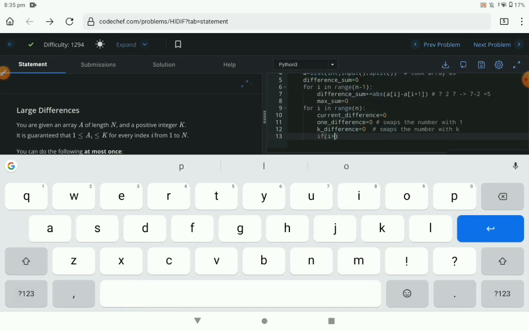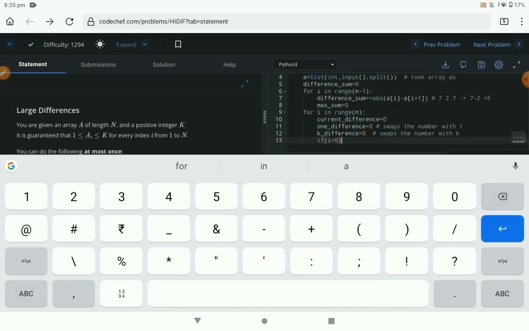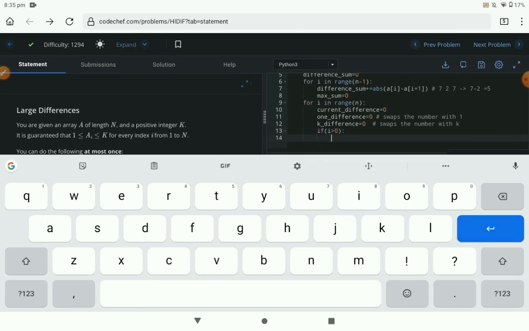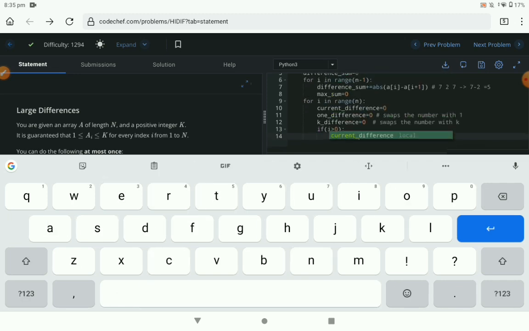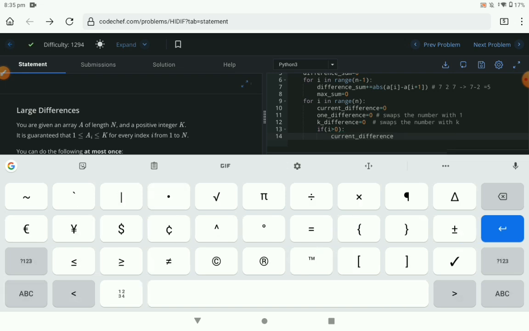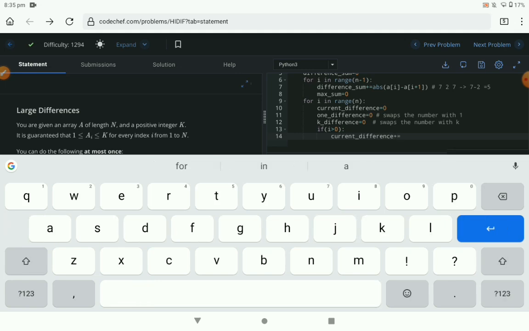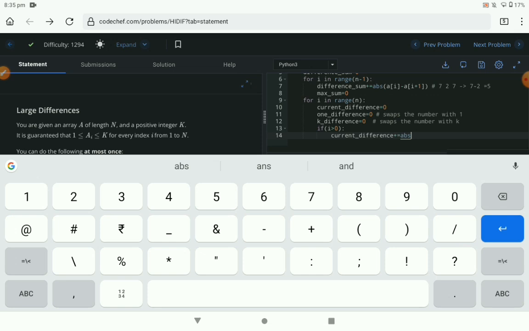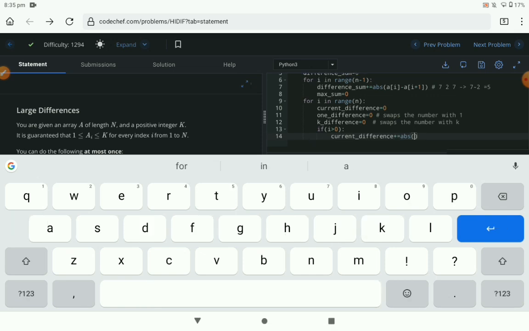If our i is greater than 0, then we will iterate. Our current difference plus equals, means it goes on incrementing.